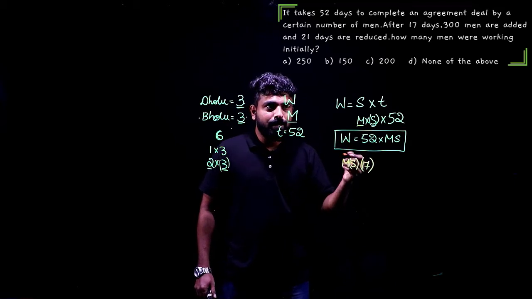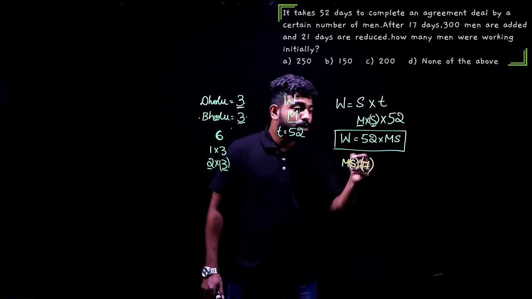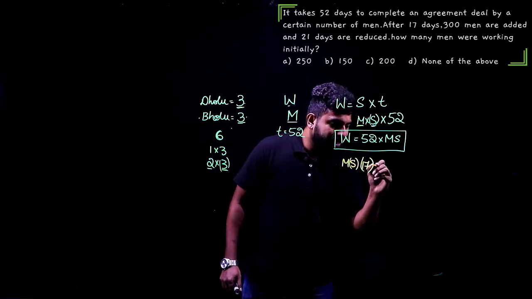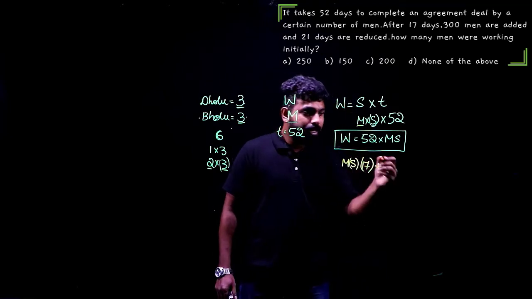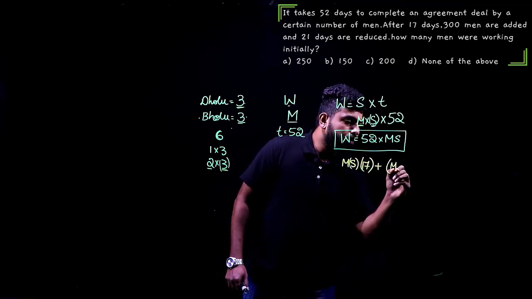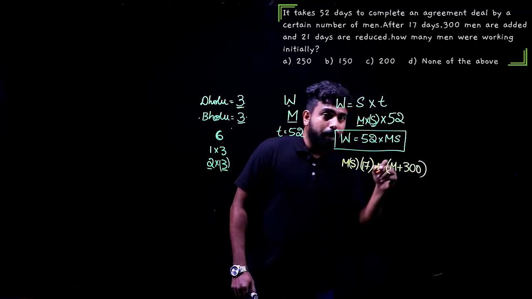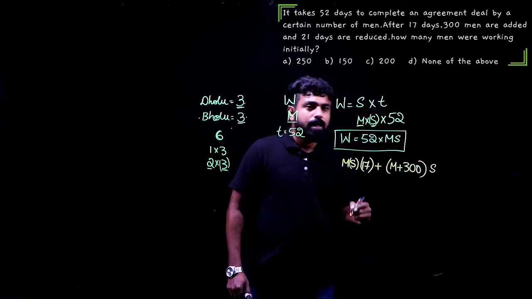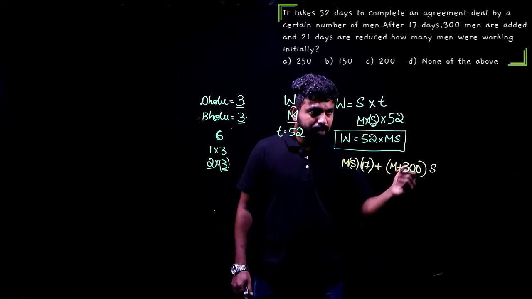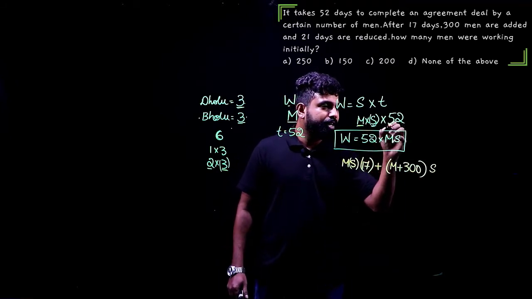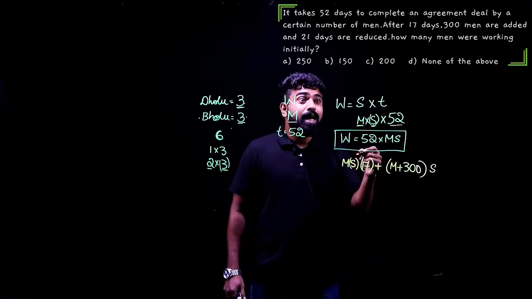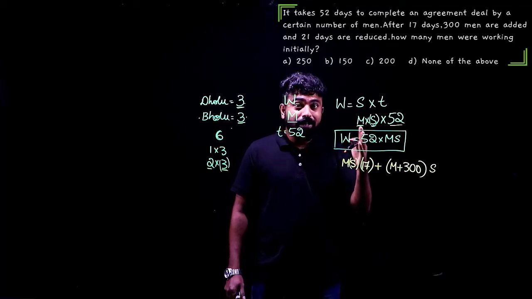After that, what happened? They added 300 men more. So after 17 days, 300 men more were added. So the total number of men was m plus 300. The speed of 1 man was s. For how long did they work? Initially, the project was to be completed in 52 days. But now, they completed the project 21 days earlier.